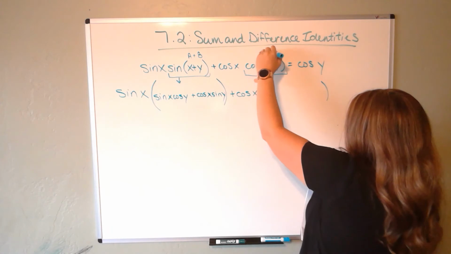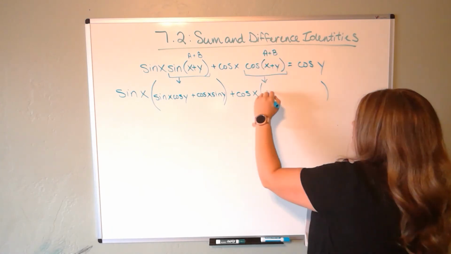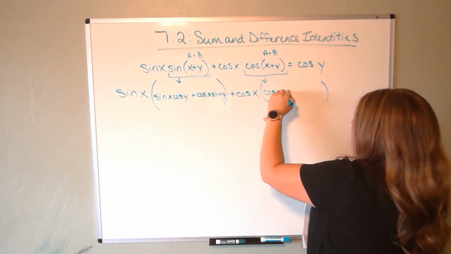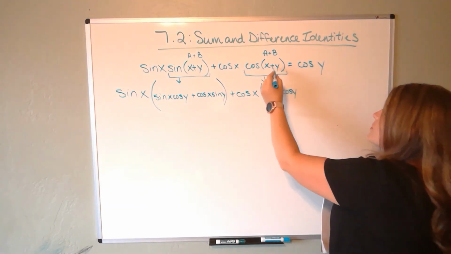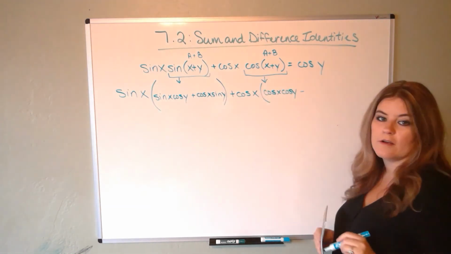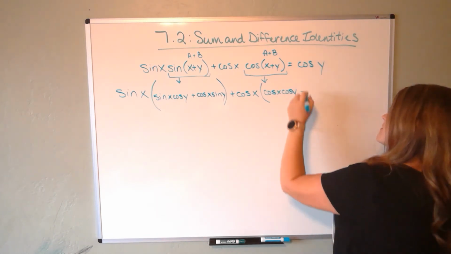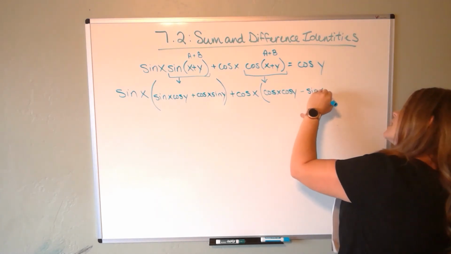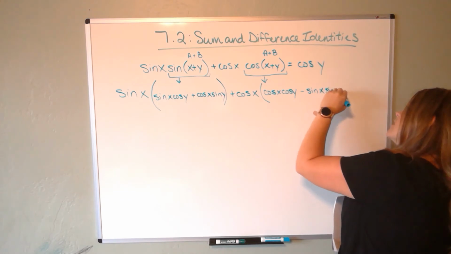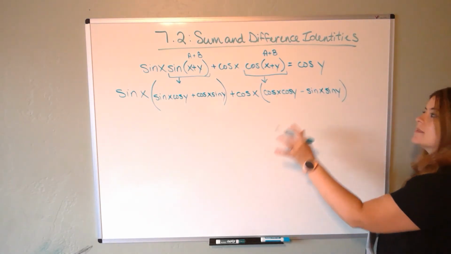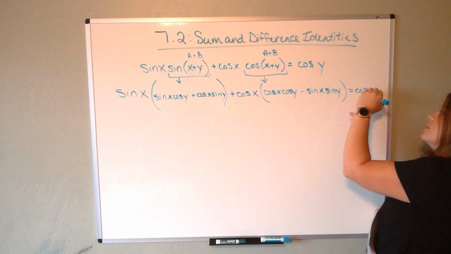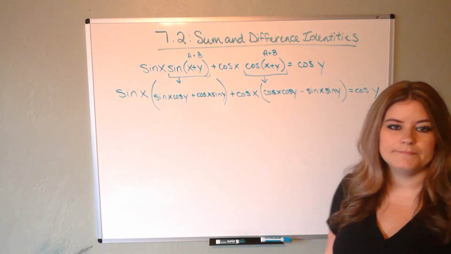So if this is cosine a plus b, that is cosine a cosine b. Remember, if it's a plus here, it's a minus here on cosine. So cosine a cosine b, minus sine a sine b. And we're here. And all of this is supposed to somehow equal cosine y.